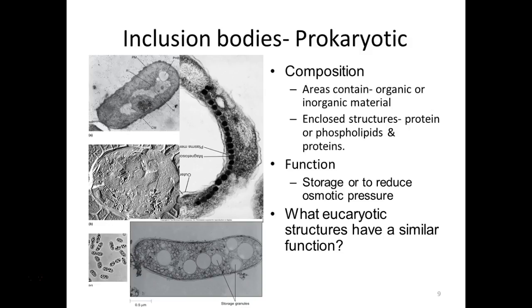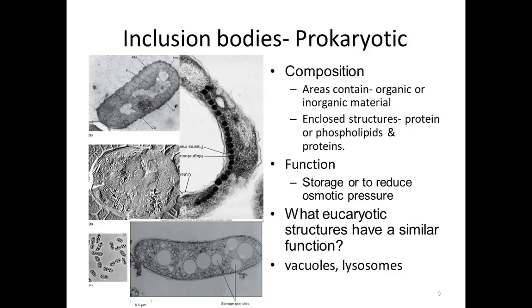So for eukaryotes, do we have structures that are similar in function that allow us to store stuff? Yeah, give me an example. Lysosomes? Yep. The water vacuole in the first picture, right, where you're storing water.